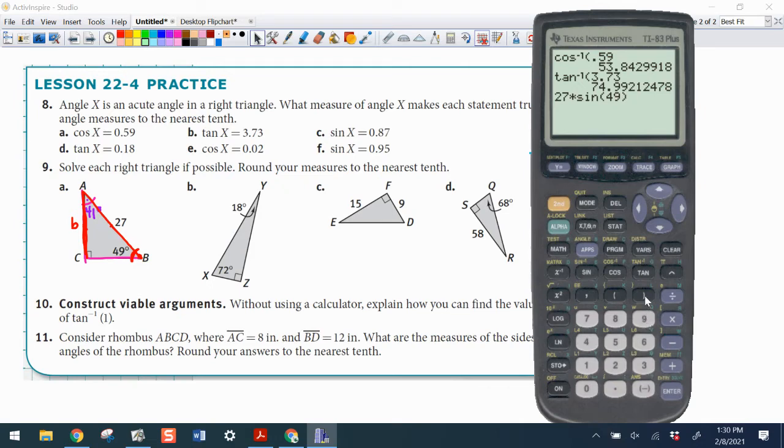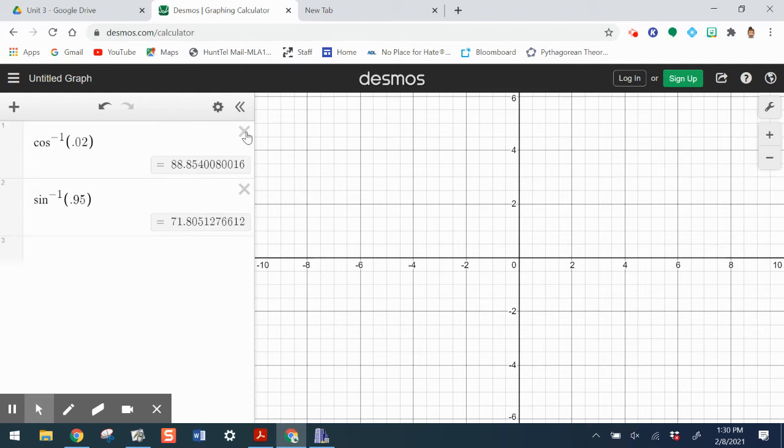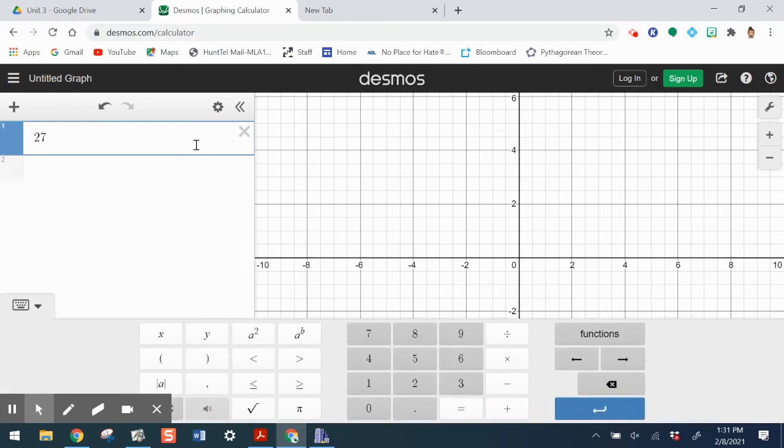Close parentheses. And we get 20.37, which they told us to round to the nearest tenth, so the 7 rounds the 3 up. Those of you using Desmos, I'll show you how to do the same with the Desmos calculator. So 27 times the sine of 49.